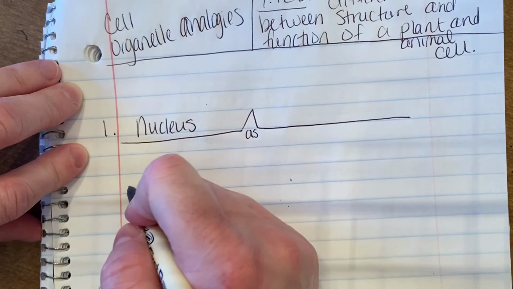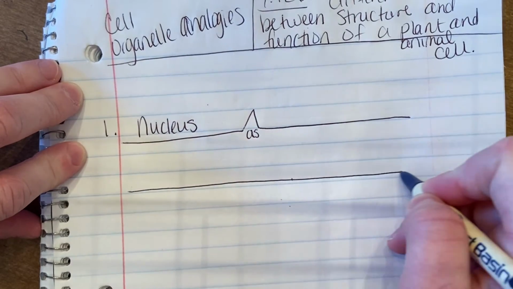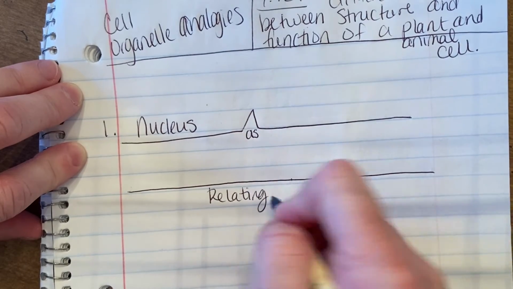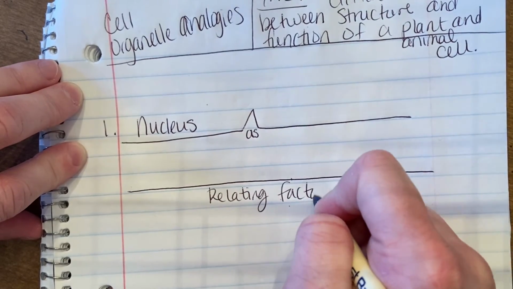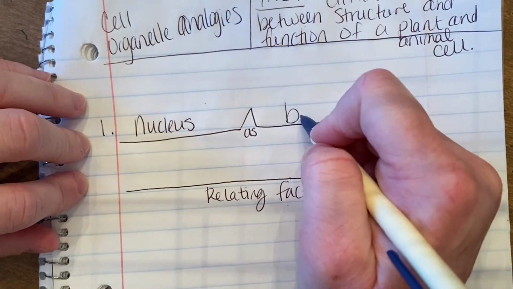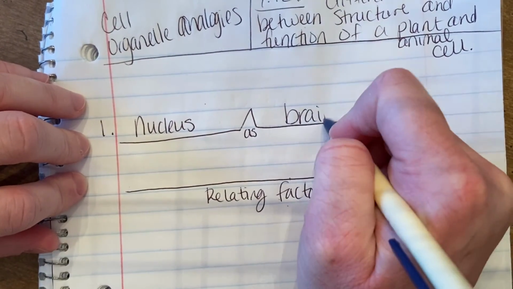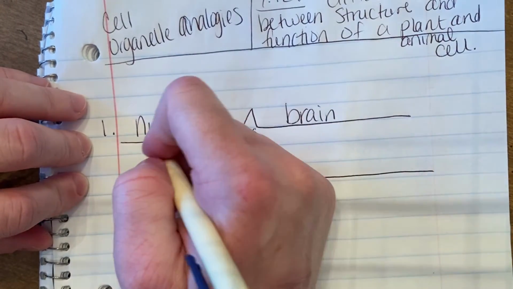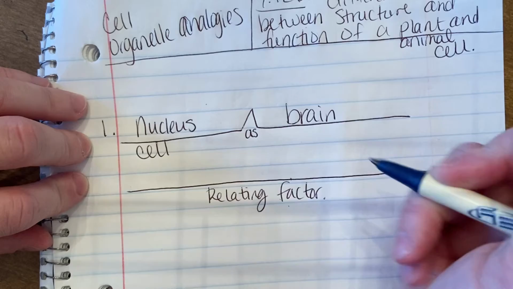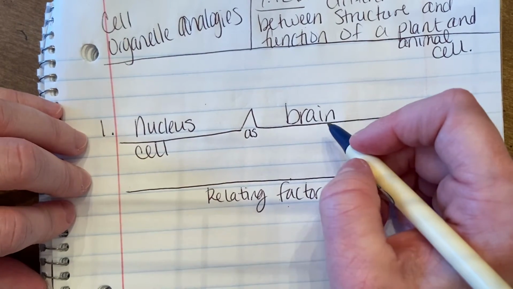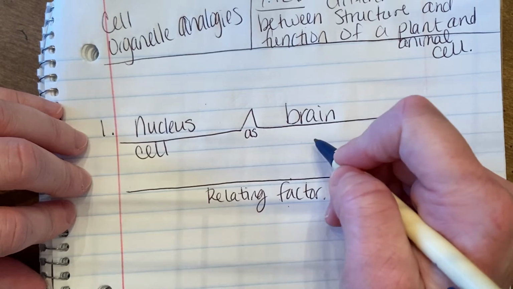And okay, so remember, there's a relating factor. So how does this relate? Okay, so a nucleus is like a brain. Why is it like a brain? Well, because it controls the functions. So we find a nucleus in a cell, which is a eukaryotic cell, either a plant or animal or fungi or protist cell.